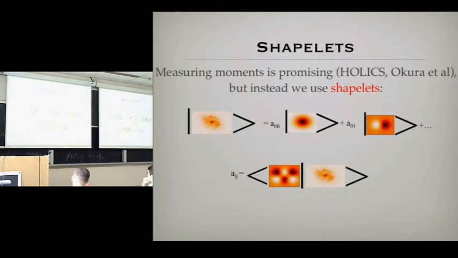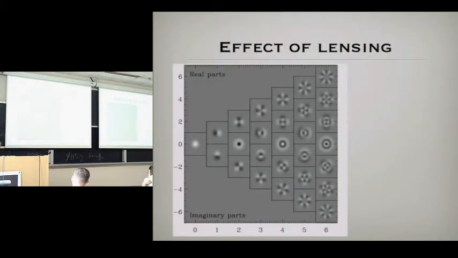So we want to measure A_ij for all of the objects, and then we can make estimators of both the shear and the flexion from the A_ij's we measure. So how do we work out those estimators? Well, imagine you've got a circular Gaussian object. These are the different polar shapelets that any object could be decomposed into.